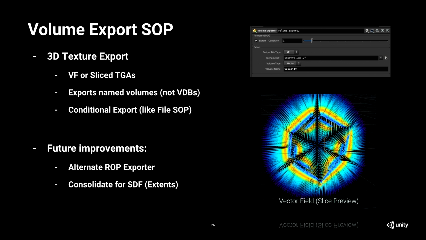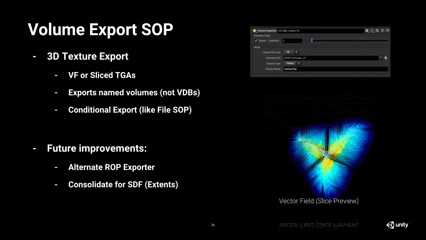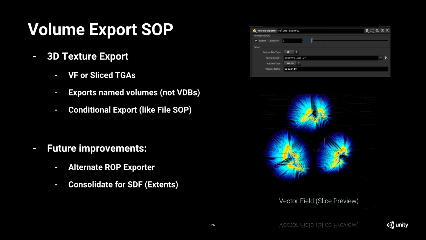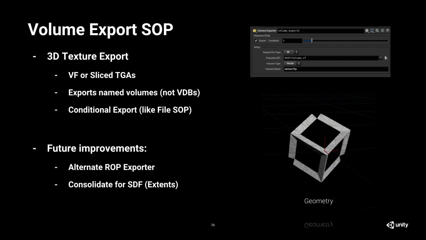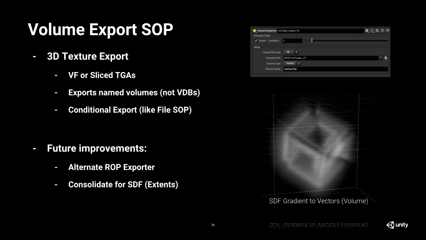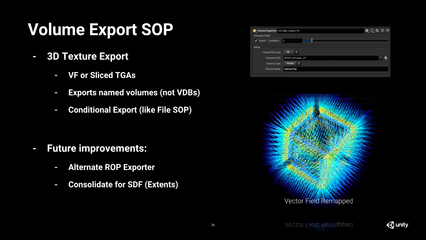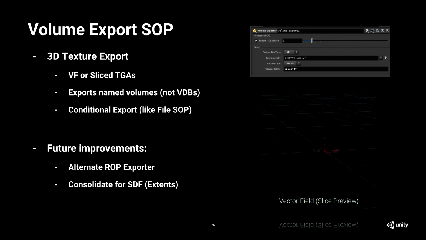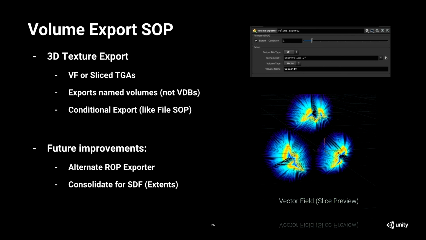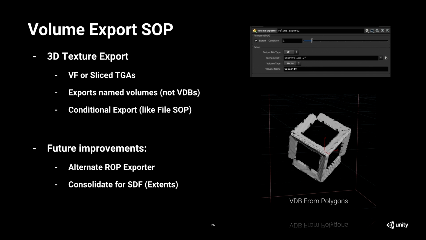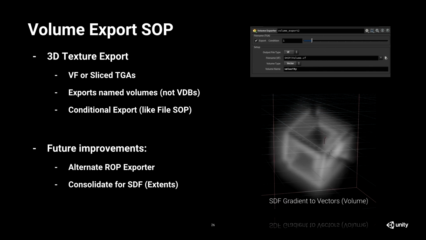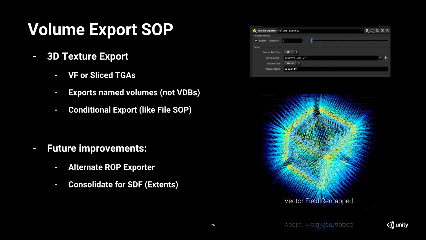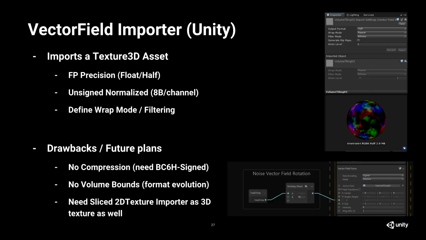Right now, we do not support VDBs because we need to know all the values, and VDB optimizes by just clearing some voxels. So right now, we just assume that all the values need to be stored inside the volume. As with the PointCache exporter, we want to write an alternate ROP exporter and consolidate for signed distance fields.